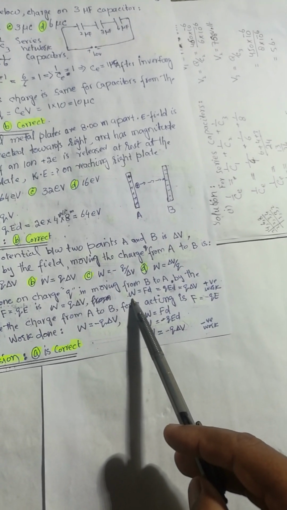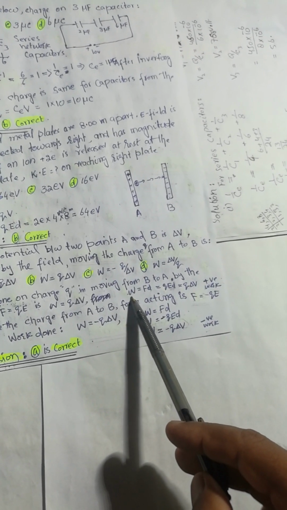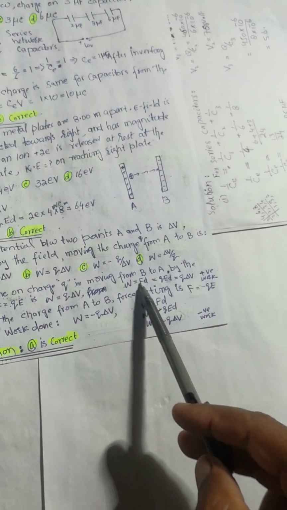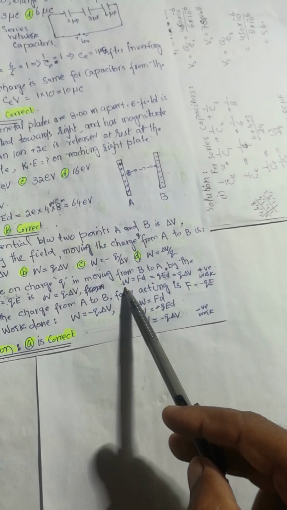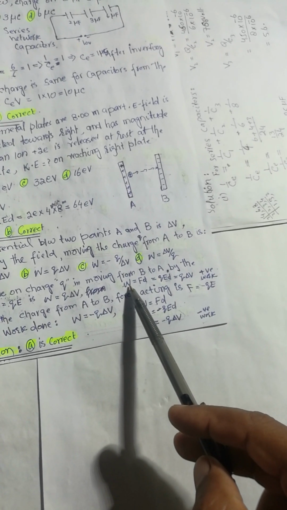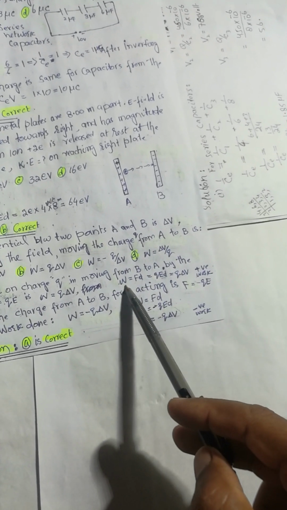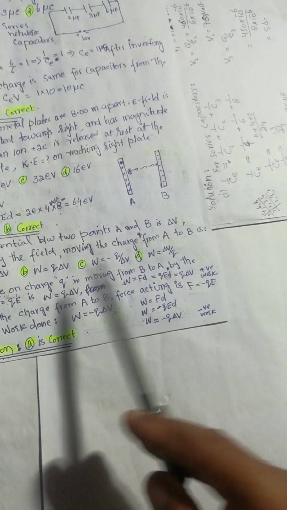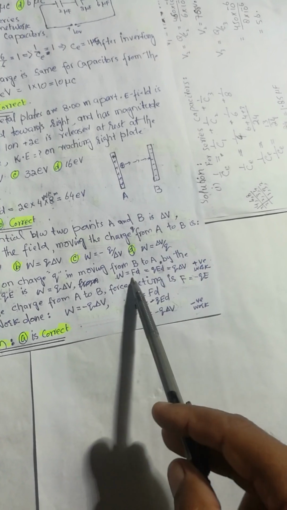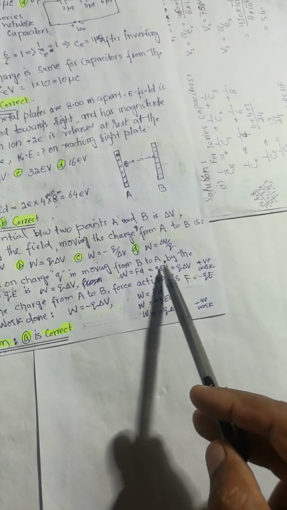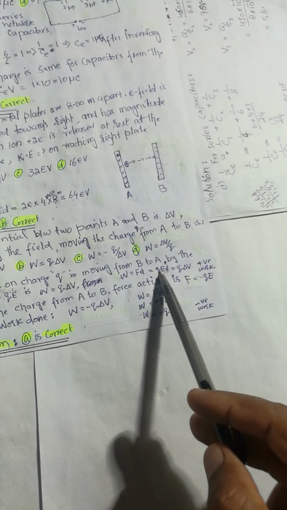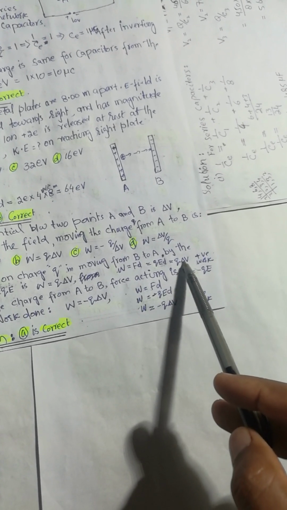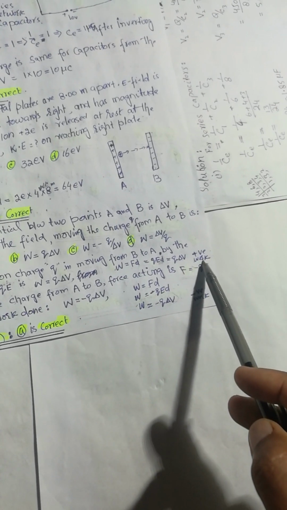We know the formula W equals Fd, which we have read in class 9th and class 11th. Here F is replaced by QE, so we get QEd, but the product of E and d equals the potential difference. Thus W becomes equal to Q delta V. Positive work is done.